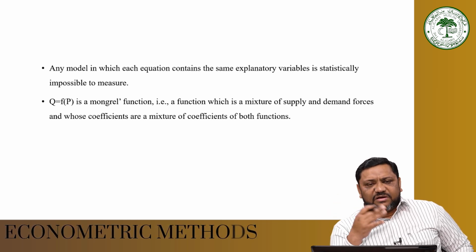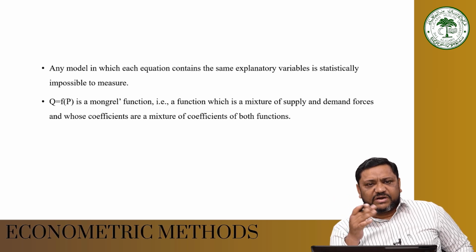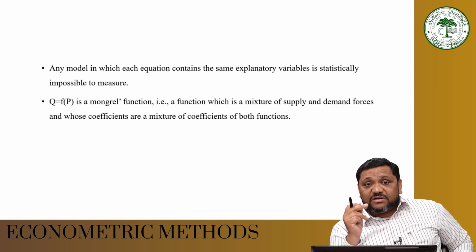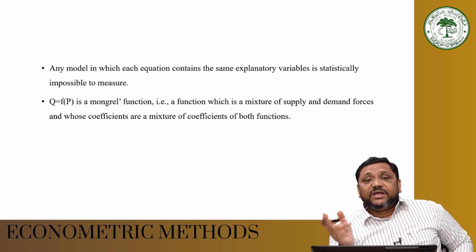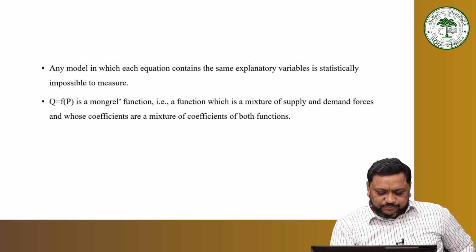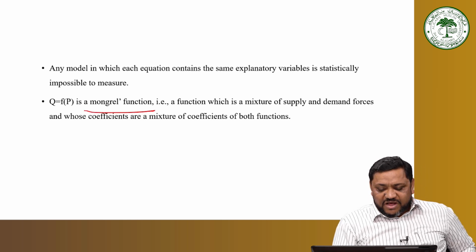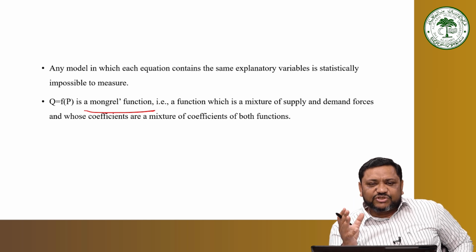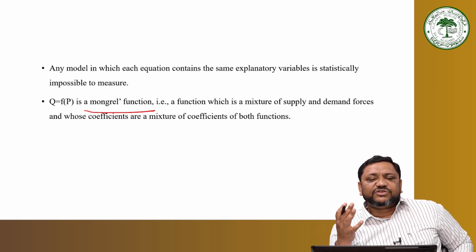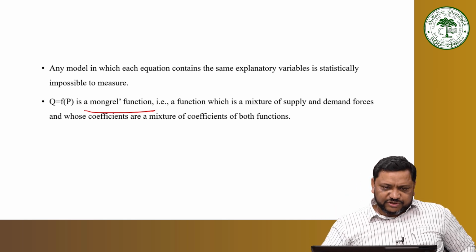You can take D = alpha - beta P, or S = alpha + beta P. But the thing is, price is present in both the equations of the same model. We refer to this as the mongrel function. That is a function which is a mixture of both demand and supply forces and whose coefficients are a mixture of coefficients of both the functions.